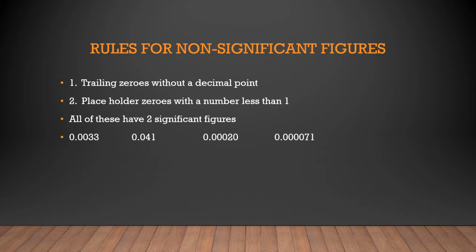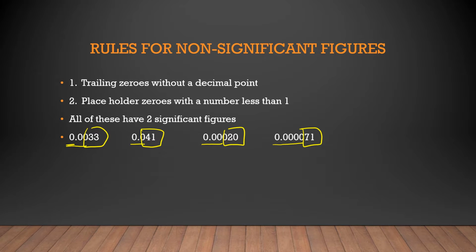The other category is placeholder zeros, which are kind of leading zeros as opposed to trailing zeros. So we have a decimal that has a 0 in front, okay, when it's less than 1, all of these zeros in front are just holding places. They're pushing the significant figures back, and the only significant figures are the 2 at the very end.